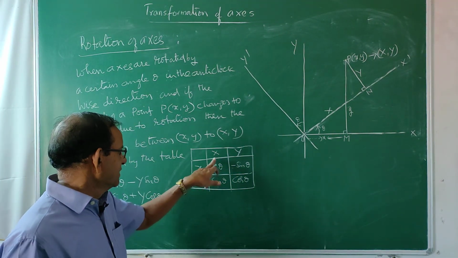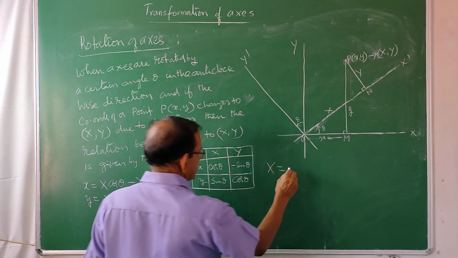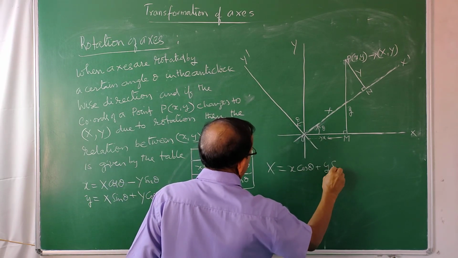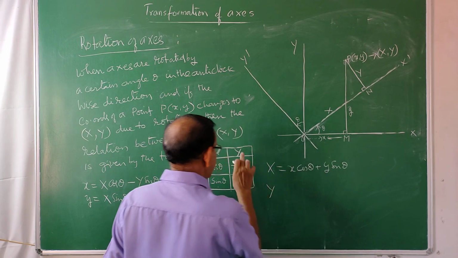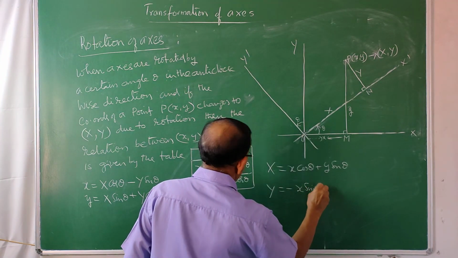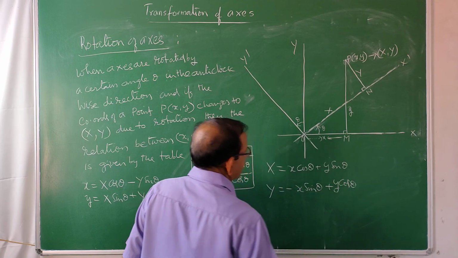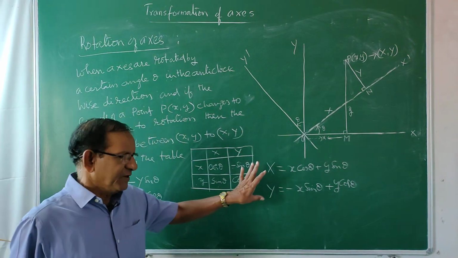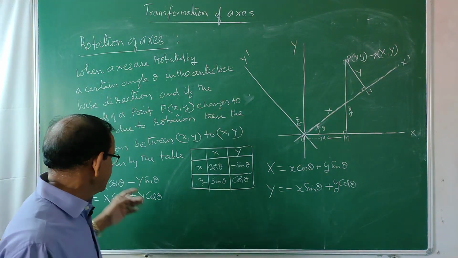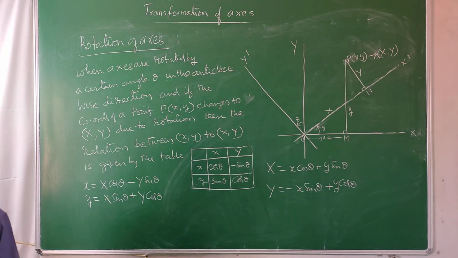Big X is equal to small x cos theta plus small y sin theta, and big Y is equal to minus x sin theta plus y cos theta. Now if the transformed equation is given, to get the original equation you have to substitute these two. If an equation is given and you want to find out the transformed equation, you have to substitute these two values.